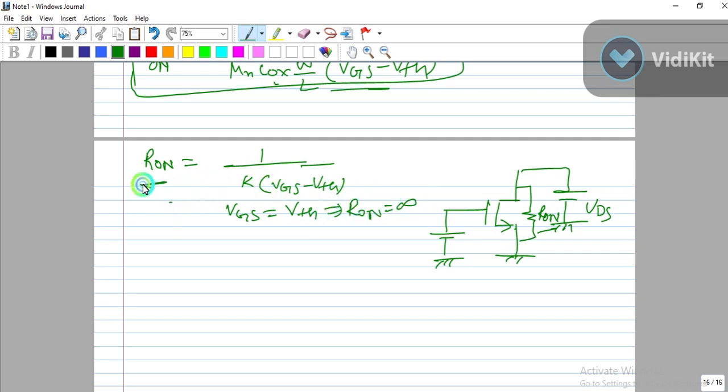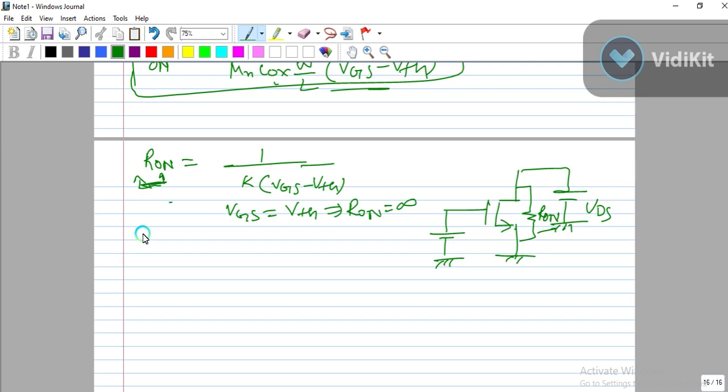Infinity means there will be no passing of electrons and no current will pass, so ID equals 0. And it is obvious that when VGS is less than or equal to VTH, then the current is 0.